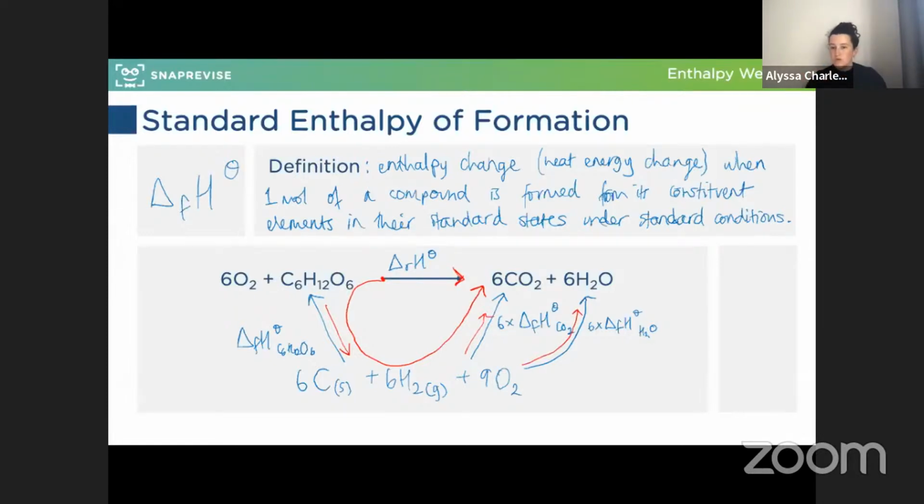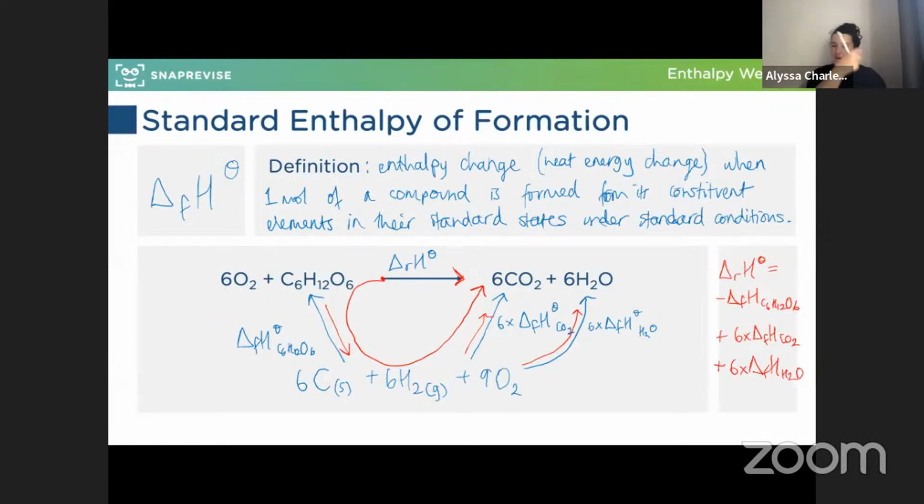So overall, the equation I'm using to work out the enthalpy change of reaction here is: I'm going against the formation of glucose, so minus the formation of my reactants, in this case glucose, but I'm going with the formation of my products, so plus 6 lots of the enthalpy change of formation of carbon dioxide and 6 lots of the enthalpy change of formation of water.